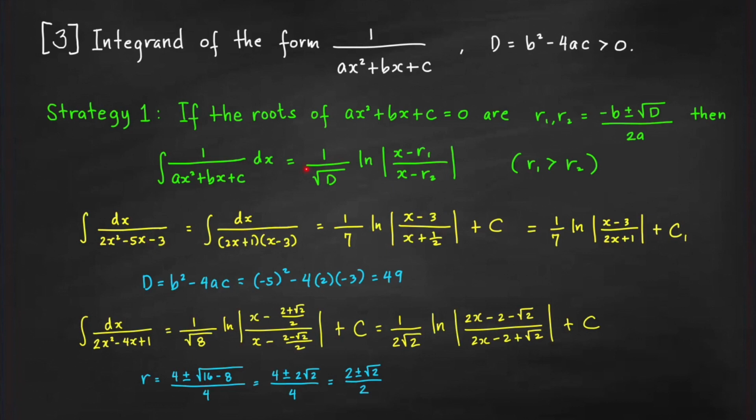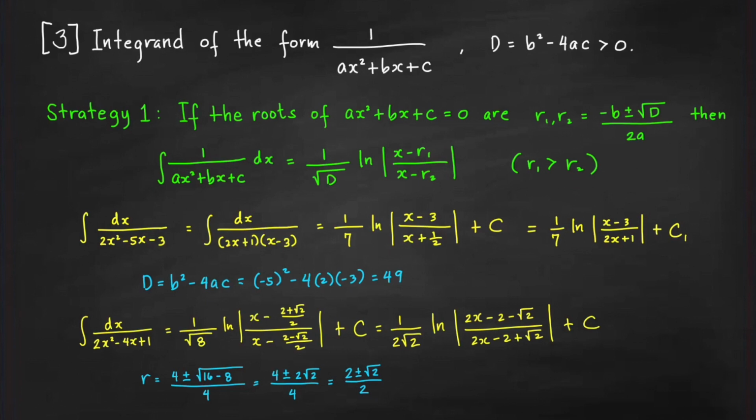It is 1 over the square root of D, the square root of the discriminant, times ln of the absolute value of x minus root 1 over x minus root 2, where in this case r1 is greater than r2.